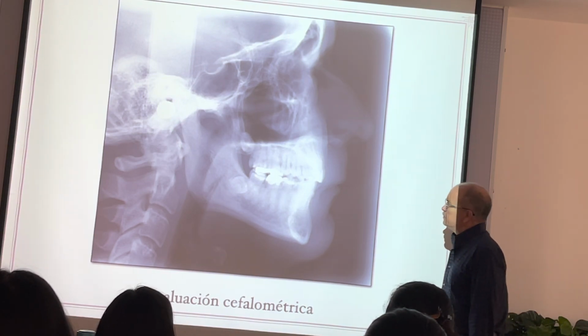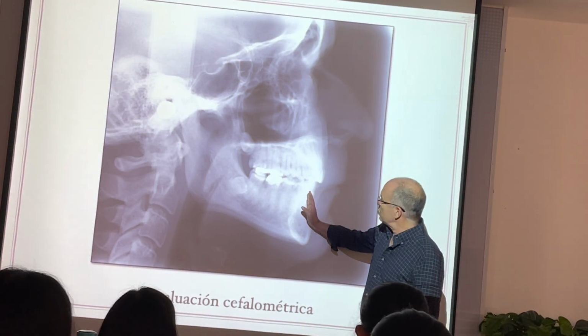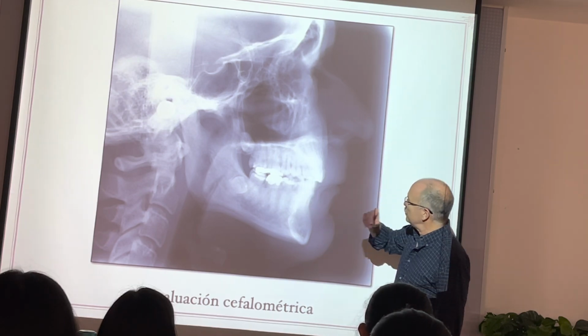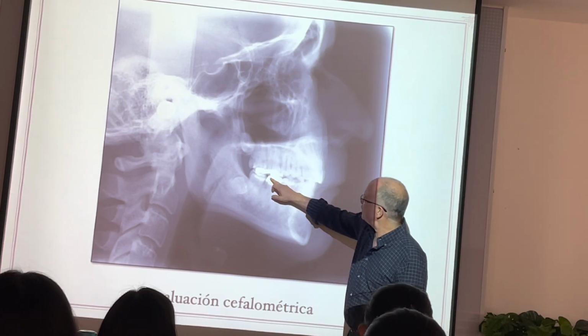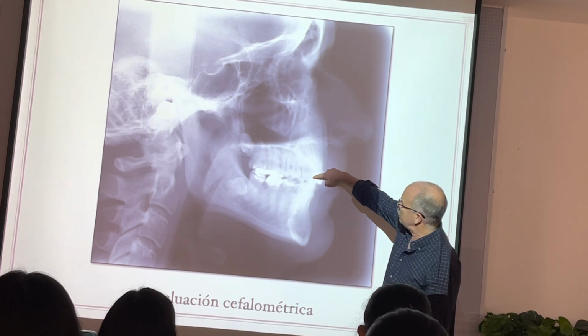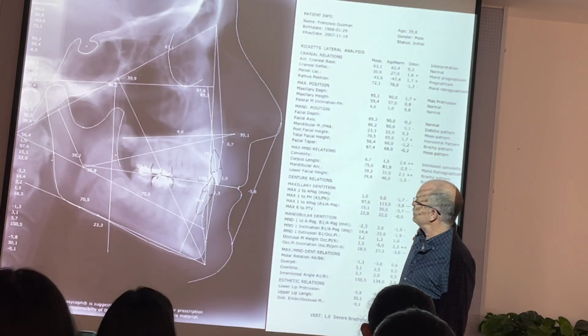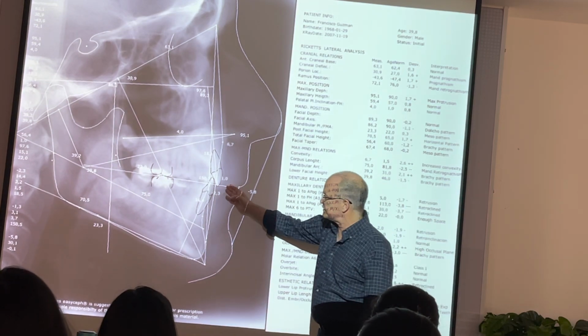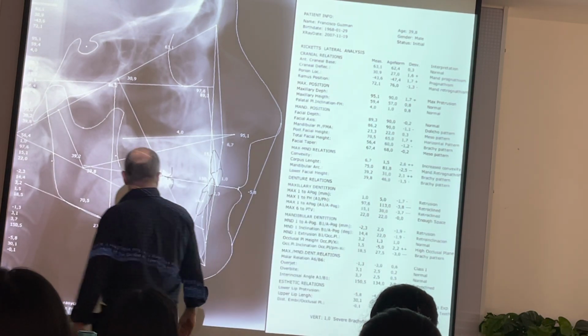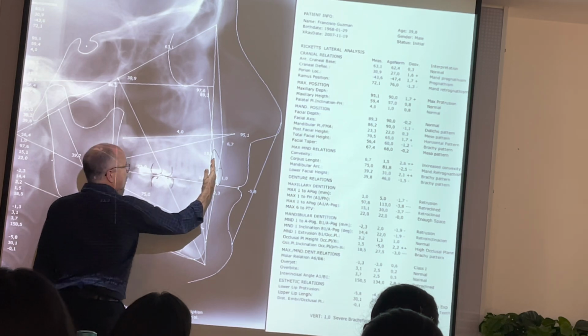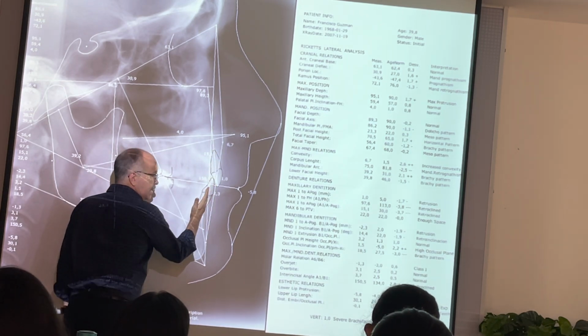When you take a close look of the lateral, you will see the curve of Spee, you will see the contact of the lower incisors, and you will see in the cephalometrics the lack of torquing of the upper and lower incisors.